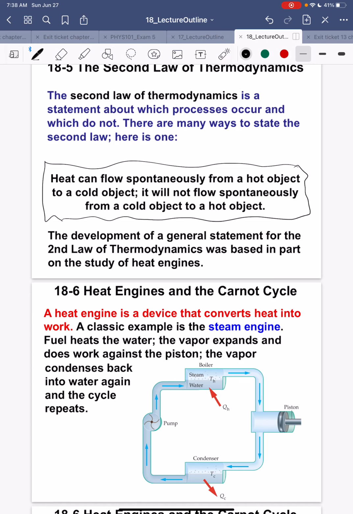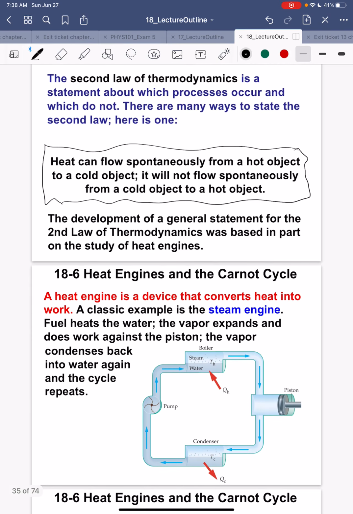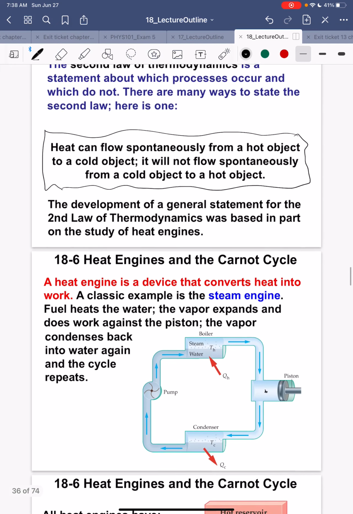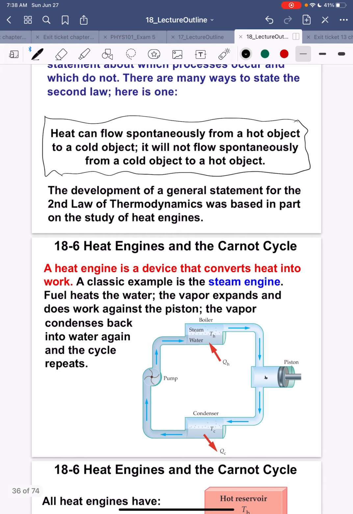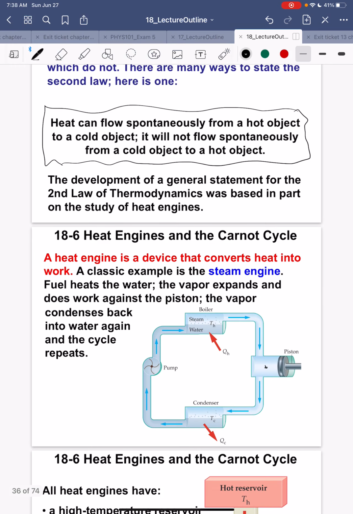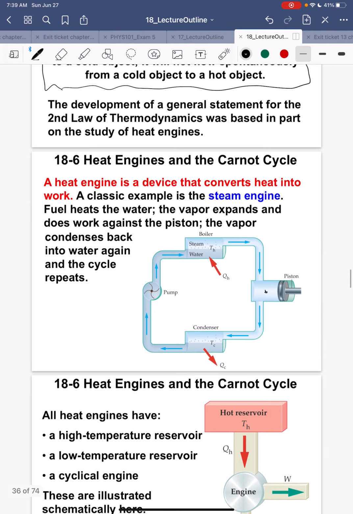One of the most popular examples is the steam engine, where we have a fuel that heats the water, and then it creates vapor or steam, which expands and does work against the piston. Then the vapor condenses back into water, and the cycle repeats, so that this is a continuous process.